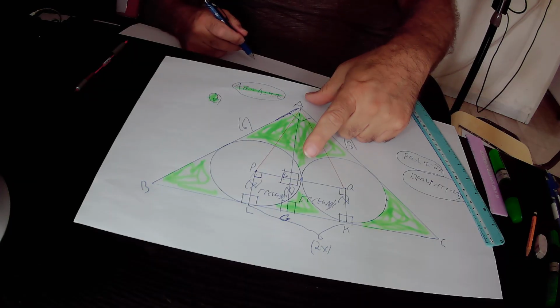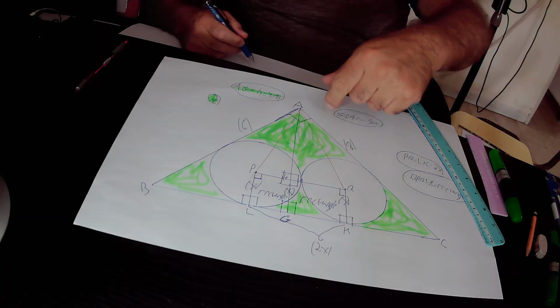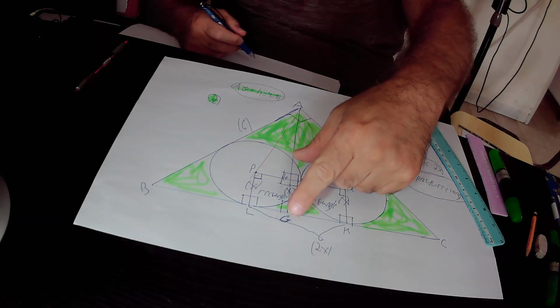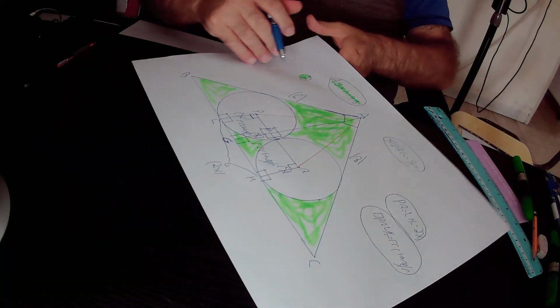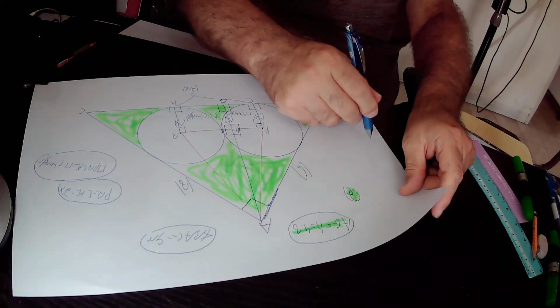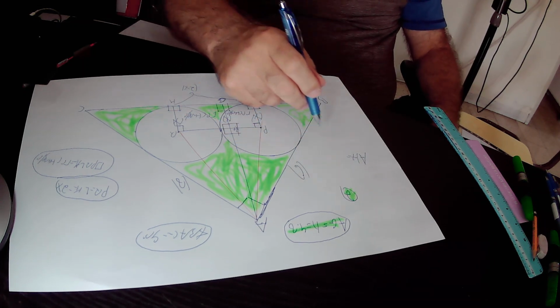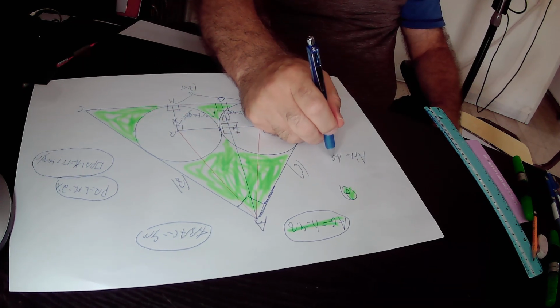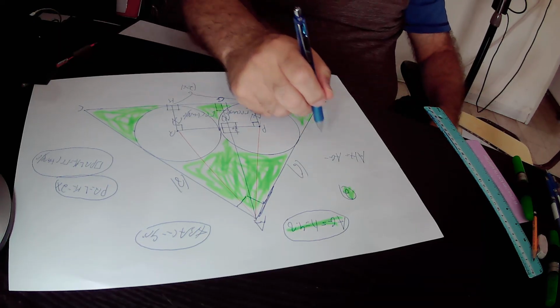So what is the length of the missing line segment AH? AH equals AG minus HG.